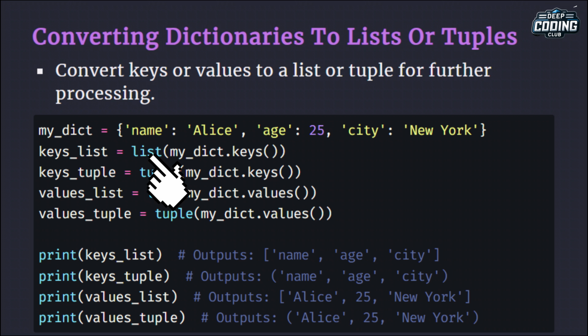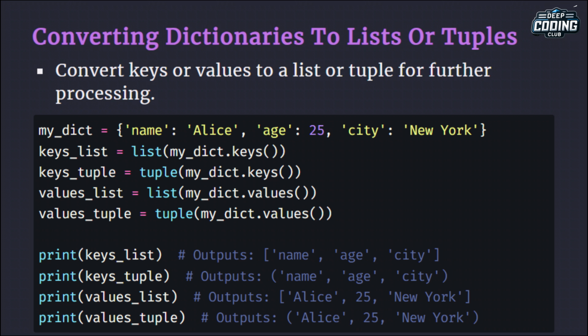Same way, I can also convert that to a tuple if you want it. And you can also extract the values from a dictionary and then convert them to a list. Only change is that you will call values instead of keys. And in this example, I am calling mydict.values and then converting that to a list. And same way, if you call tuple on mydict.values, then it would be converted to a tuple.